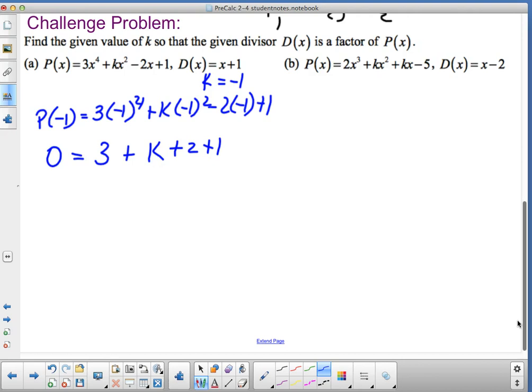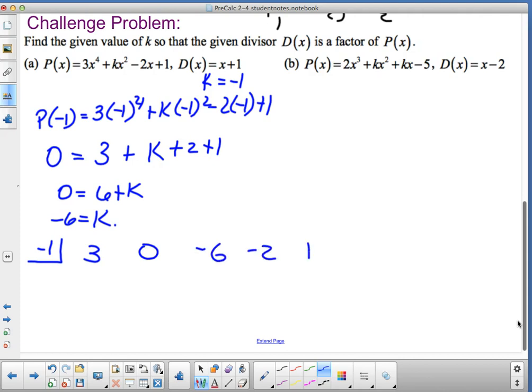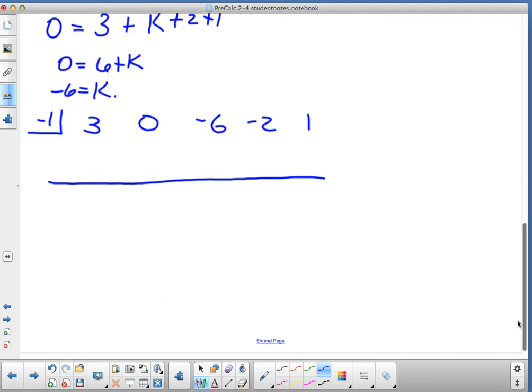So what's my value of k? Solve. -6 should be k. So ideally, if I check with 3, 0, -6, -2, and 1, I should be able to show that this works by doing synthetic division all the way through.